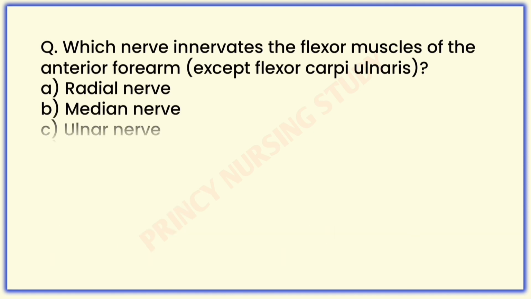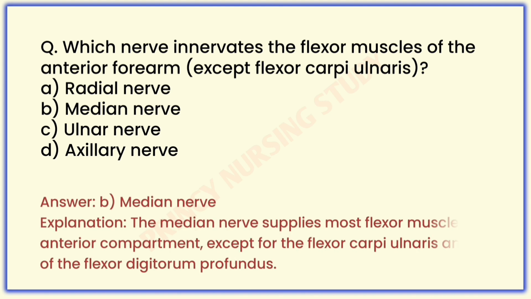Next question. Which nerve innervates the flexor muscles of the anterior forearm except flexor carpi ulnaris? Correct answer is B. Median nerve. The median nerve supplies most flexor muscles in the anterior compartment except for the flexor carpi ulnaris and part of the flexor digitorum profundus.